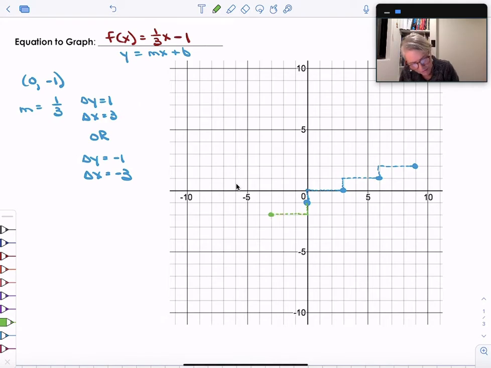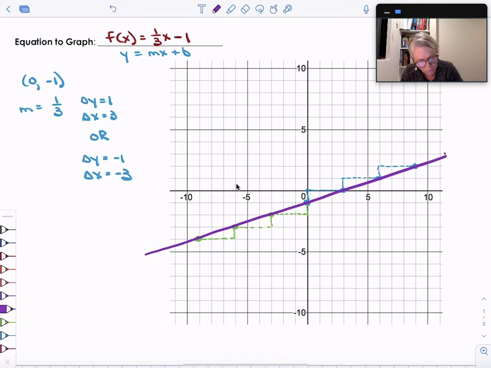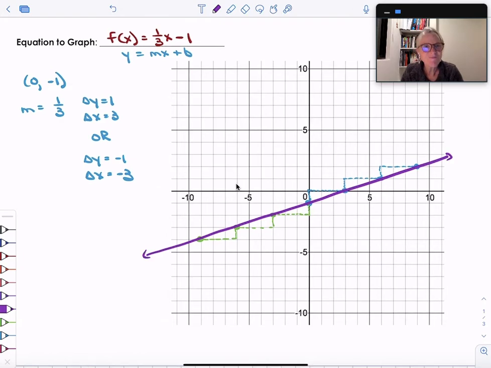There's a point. Down 1, left 3. Down 1, left 3. So quickly get those points. Pull out your ruler. I mean it. Use your ruler. Pop it down and extend that line through all of those points.